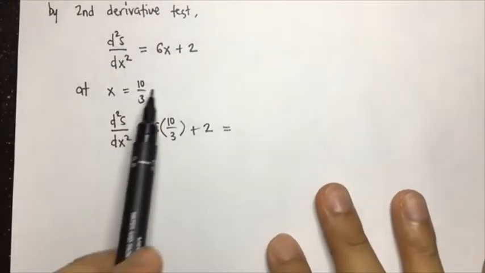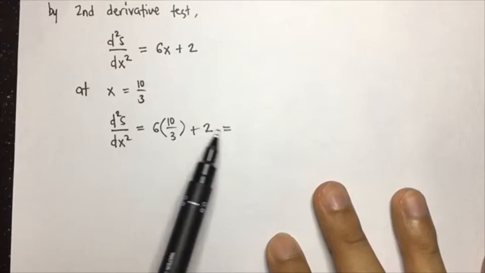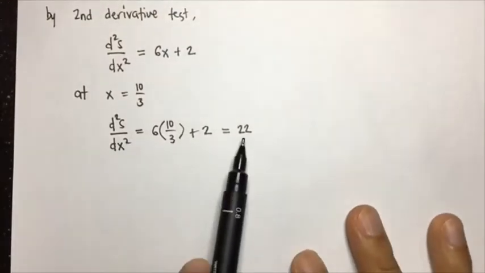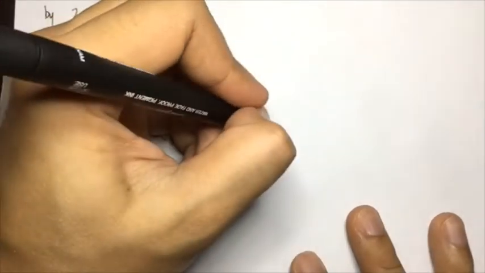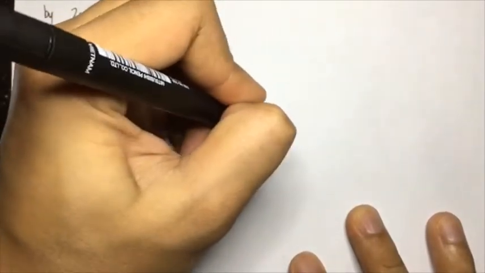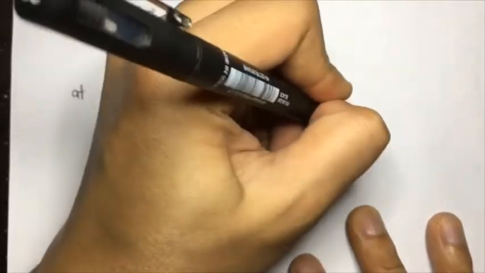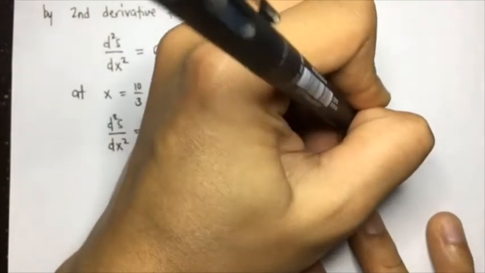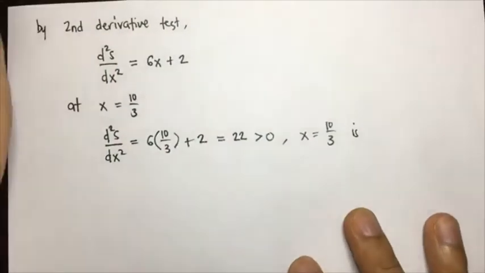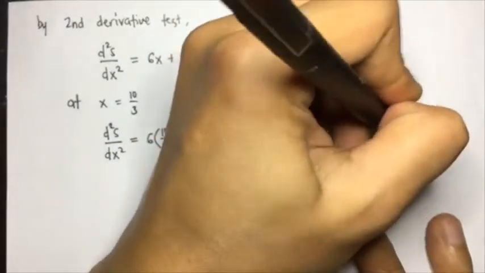That will be equal to 20 plus 2, so that's 22. It's positive, meaning it's greater than 0, so therefore x is equal to 10 over 3 is the minimum.